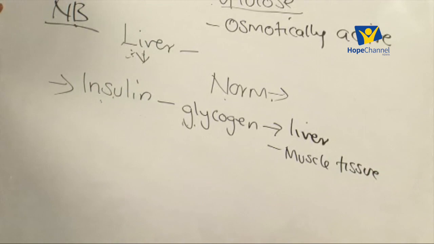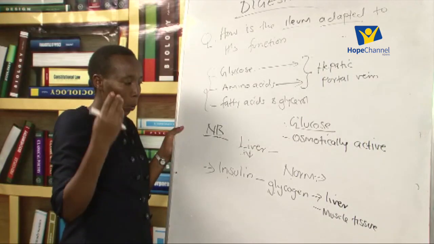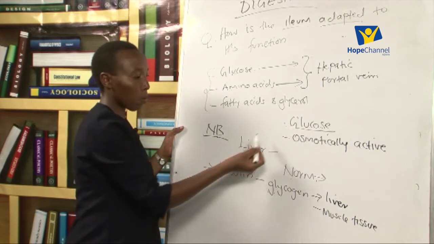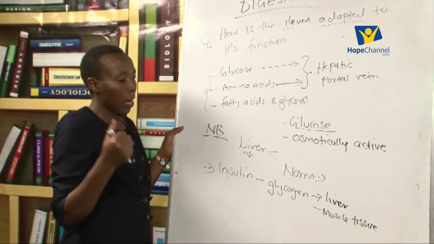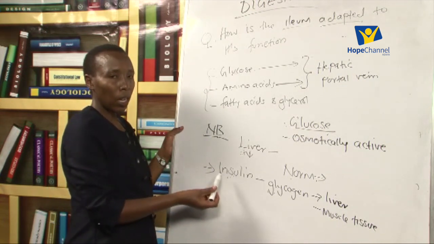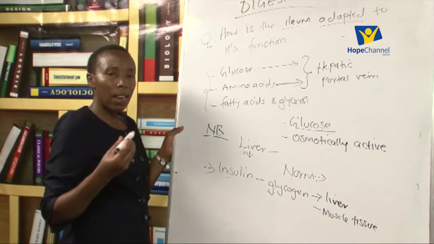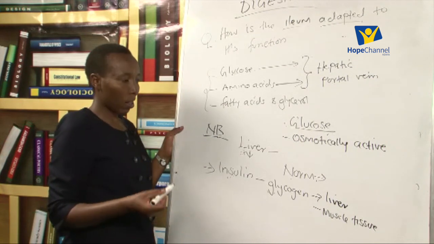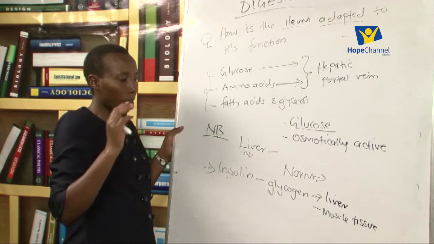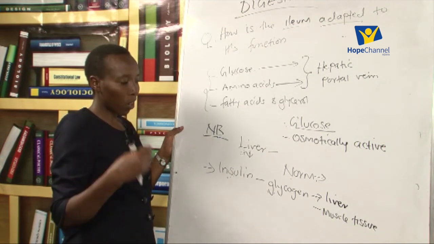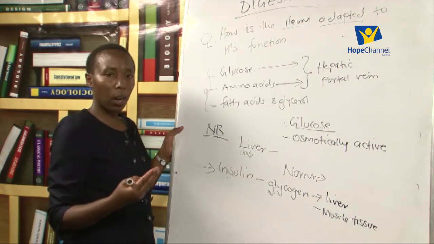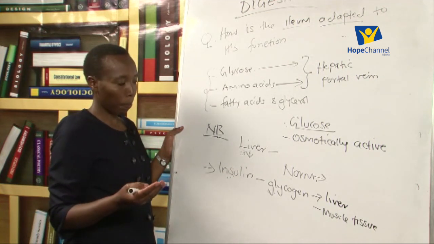That is one way we are seeing the role of the liver, why glucose must pass through the liver. Number two, you realize that insulin will increase the rate of oxidation, such that in case there is excess glucose, some of the excess glucose will be converted into energy. It will be oxidized, broken down to give us energy.